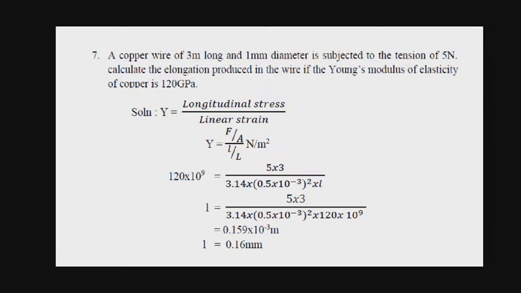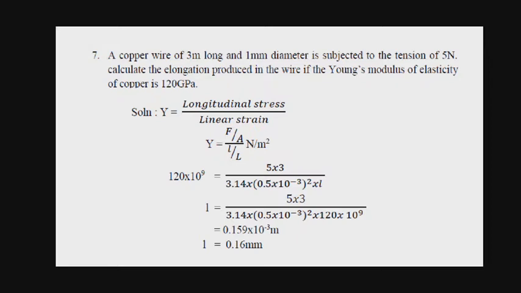seventh one. A copper wire of 3 meter long and 1 millimeter diameter is subjected to the tension of 5 Newton. Calculate the elongation produced in the wire if the Young's modulus of elasticity of copper is 120 GPa.